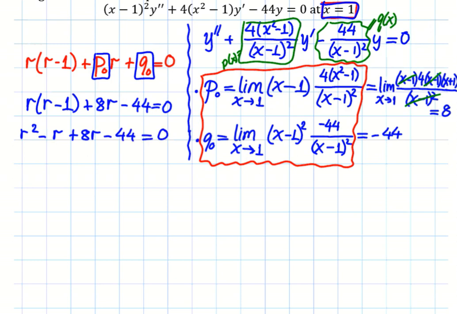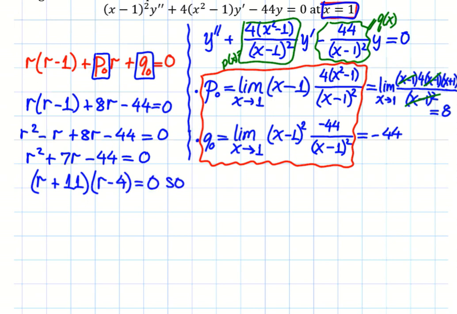R squared plus 7R minus 44 equal to 0. If we factor, that should be r plus 11 and r minus 4 equal to 0. So we have r equal to 4 and r equal to negative 11.